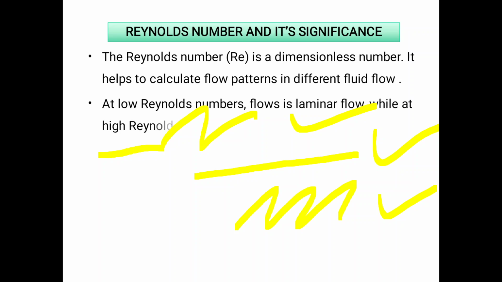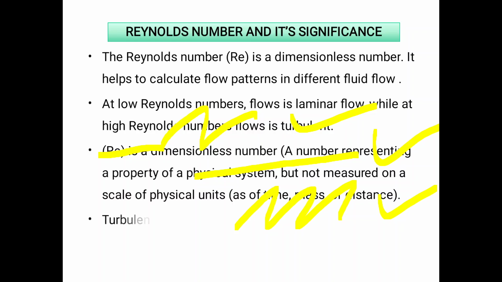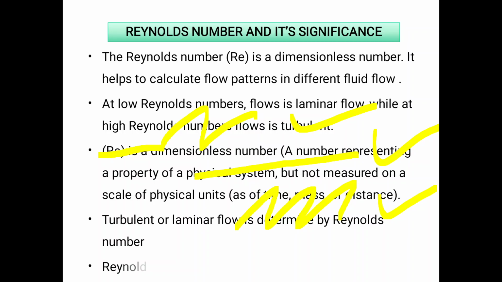At low Reynolds number, flow is laminar, while at high Reynolds number, flow is turbulent. Reynolds number has no unit; it is a pure number.